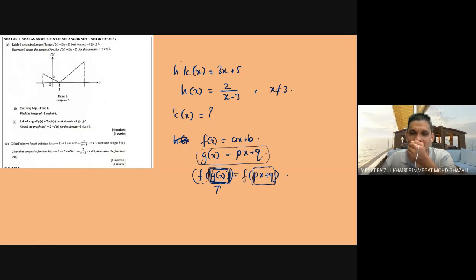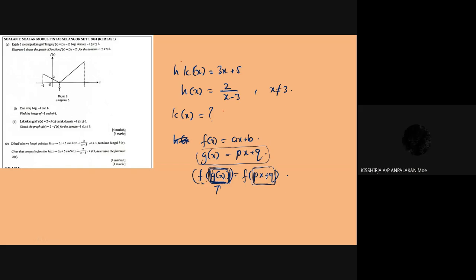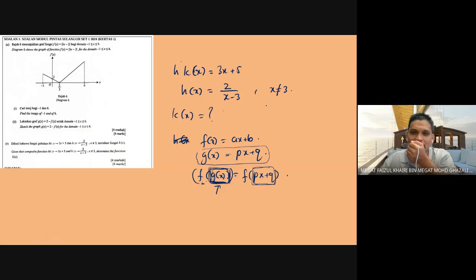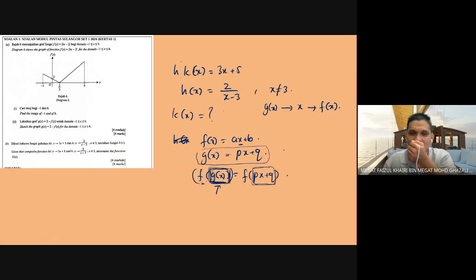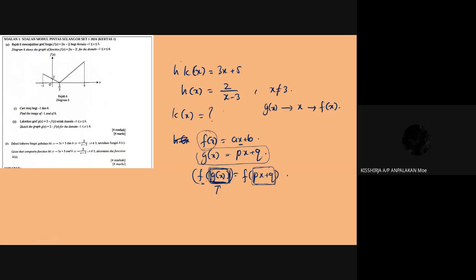Okay. So what's next? Substitute g(x), px plus q, into x of the function f. So g(x) is px plus q now, then we substitute into x of the function ax plus b, f(x).